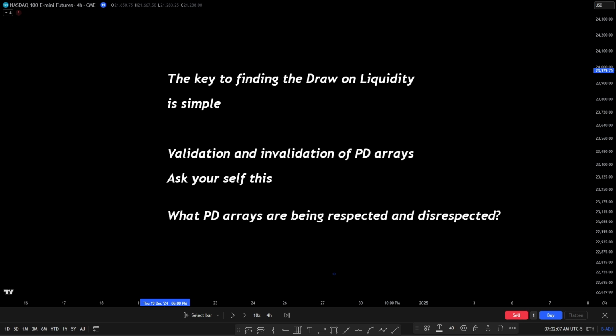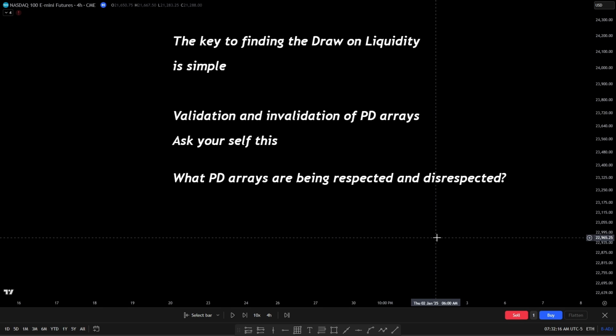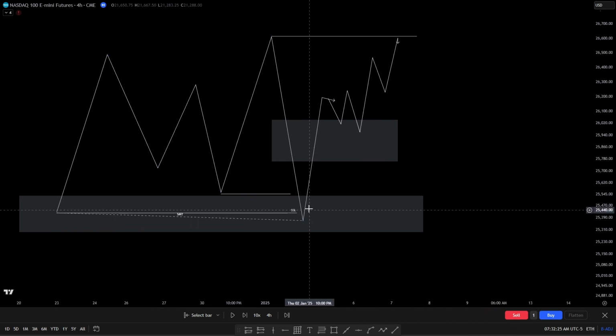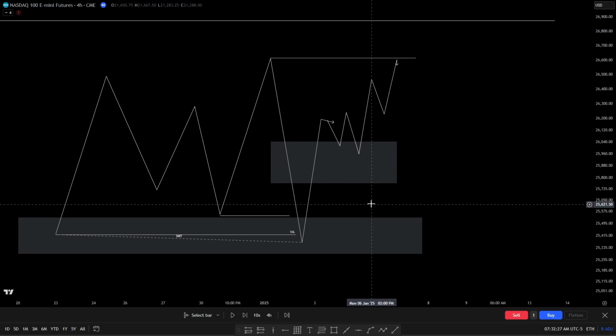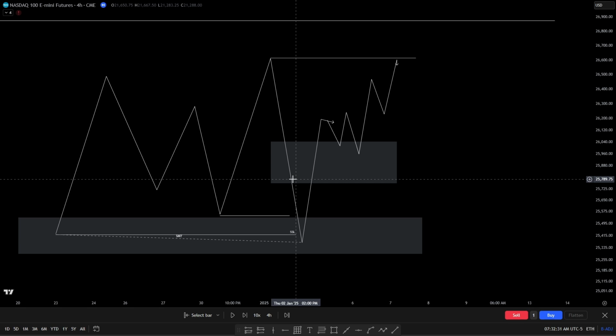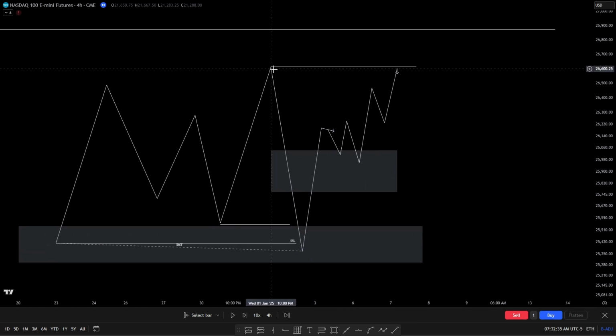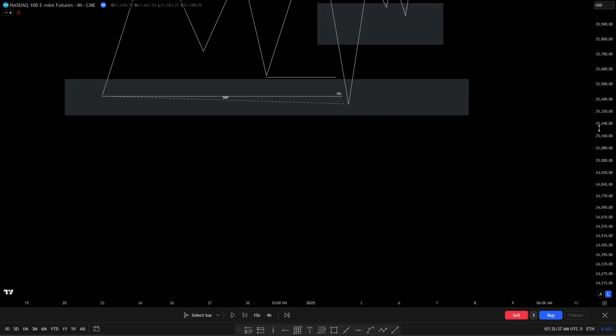The key to finding the draw on liquidity is simple: validation and invalidation of PD arrays, and asking yourself what PD arrays are being respected and disrespected. That's all you gotta ask yourself. And using the context of SMTs, sell side or buy side being swept in areas where we expect to reject as your context, and using the next recent high as your draw on liquidity.